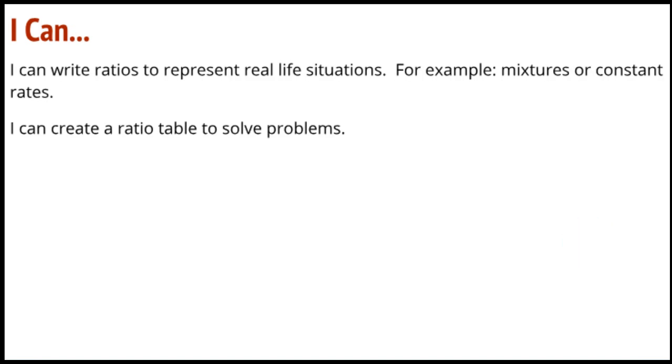All right, so I can statements. I can write ratios to represent real-life situations. We looked at mixtures. We were mixing things together, cornmeal and water to make paste, and we did paper mache. And then we have constant rates. So we had Javier and his websites.